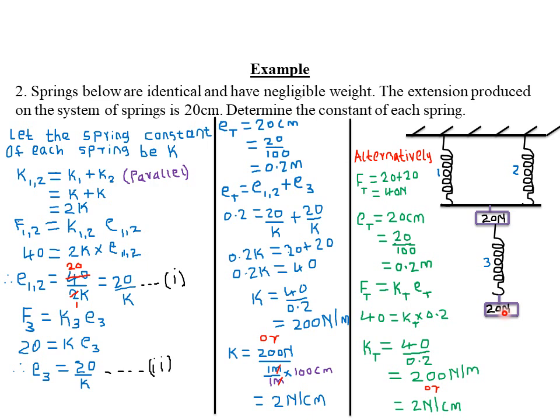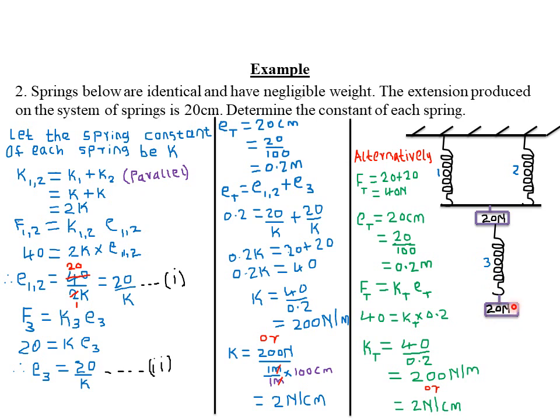So the weight acting on springs 1 and 2 is 20 plus 20. Also, if spring 3 had some weight, then the total weight that will cause extension for springs 1 and 2 will be 20 plus the weight of spring 3 plus 20.